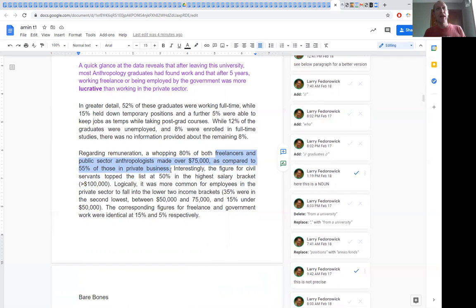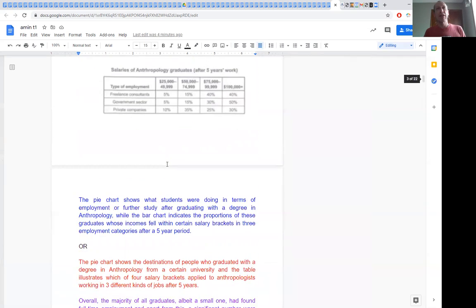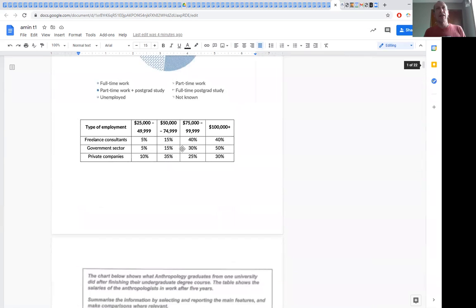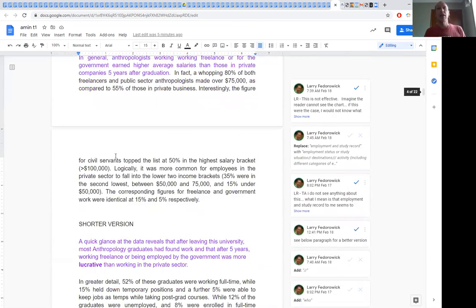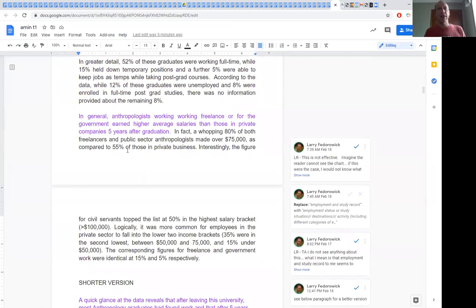Okay, so there we're looking at the 80% here and the 55% here. But we've never mentioned even what the categories are. So I want to make sure I mention every category, every job. Okay, so I do say that here.